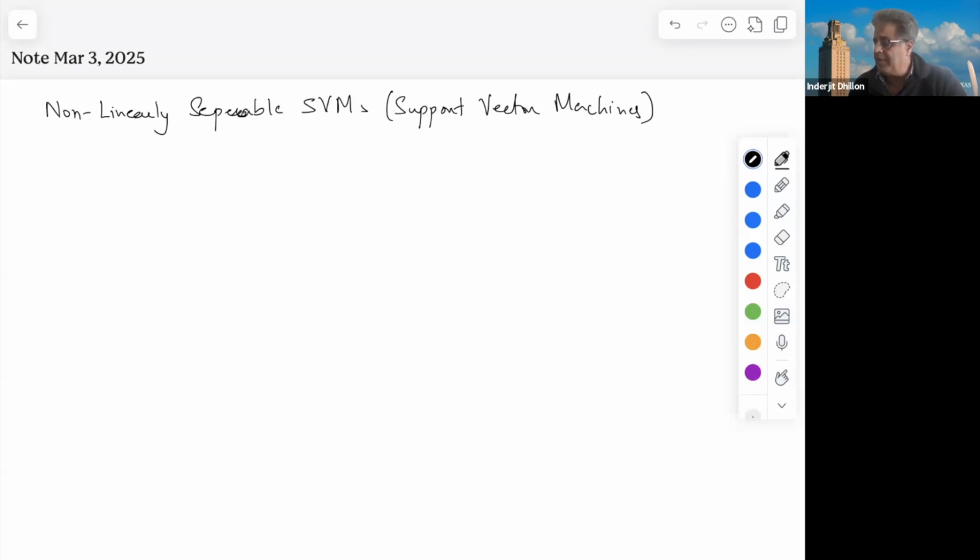But then you can also couple it with something called kernel SVMs, which are another way to handle non-linearly separable data sets. So that's what we will talk about today.